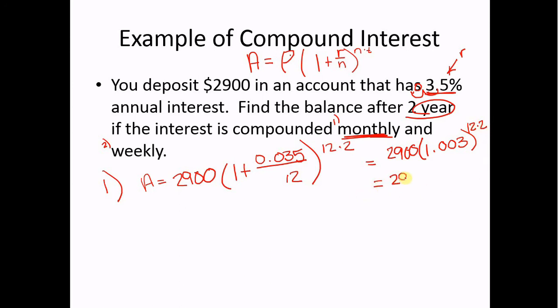That's just a fancy way of writing 2,900 times 1.003 to the 24, right? Your final answer should be somewhere in the ballpark of $3,109.96.